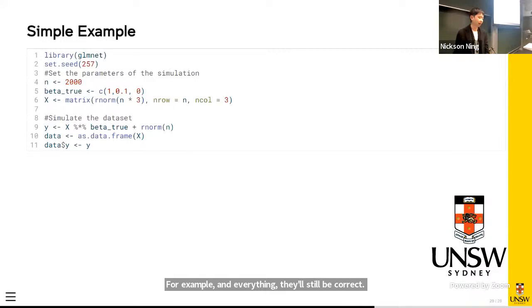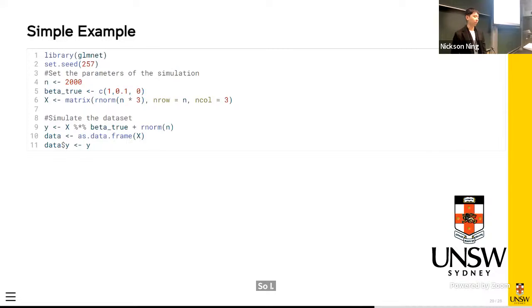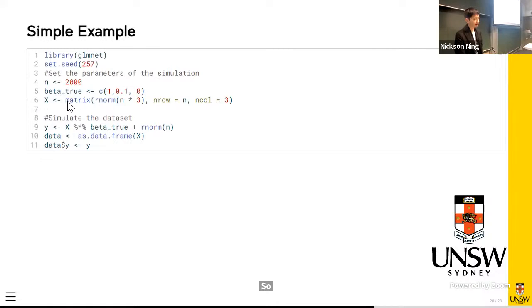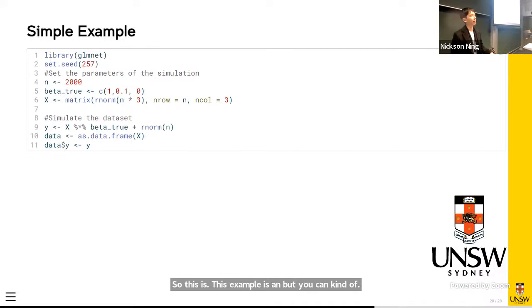I'm talking about the adaptive lasso a lot, so I want to show you a very simple example of how to actually apply that in practice. This example is in R, but if you have a package that can fit the lasso, then you can always fit the adaptive lasso, provided you also have the weights available, by just scaling the covariates.